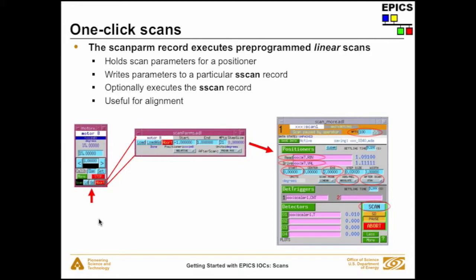And so what these scan parameters really are intended for is automated alignment, where you'll set a motor range within which you expect to find a peak, and with just one button you can execute a scan that goes to that peak. It's really pretty handy for one-dimensional alignment.